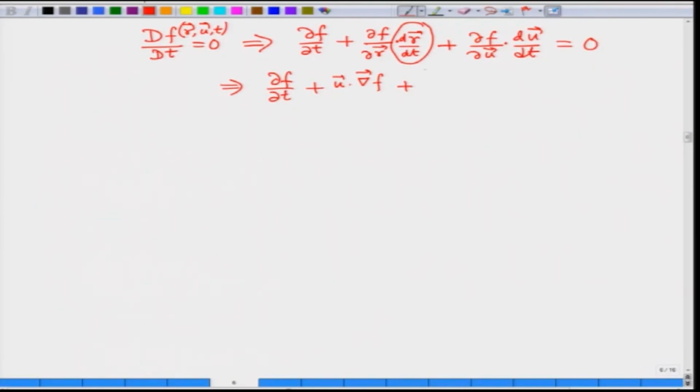So, let us say that the external force field, which is assumed to be conservative, of course, is F, then this is nothing but the acceleration. So, I can write F by m, where m is the mass of the particle, one single particle, and actually for every particle, because they are identical to each other in general. So, F by m, dot this symbol, gradient in velocity space of f, is equal to 0.